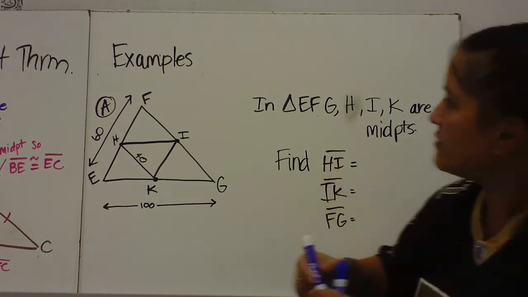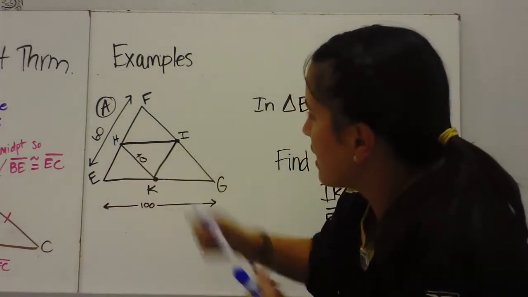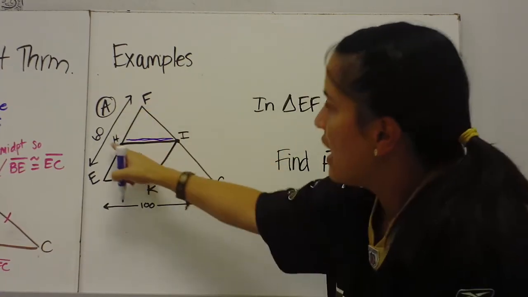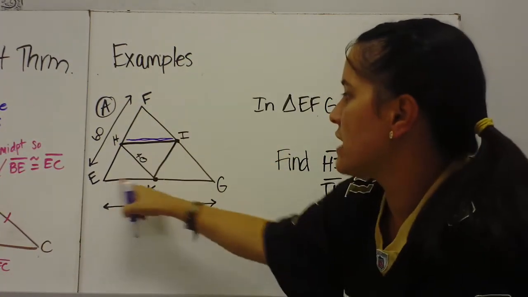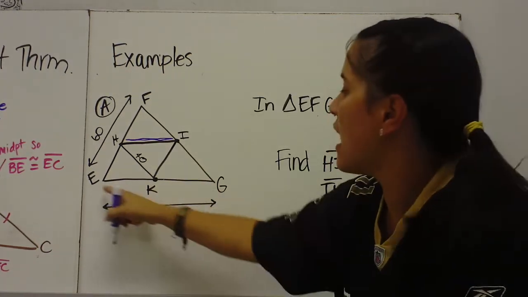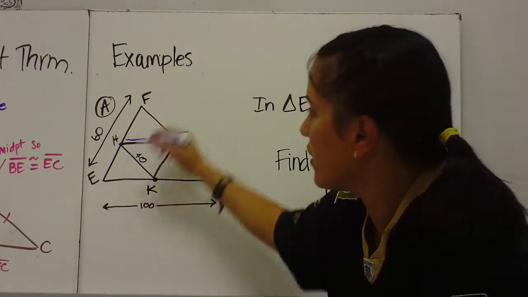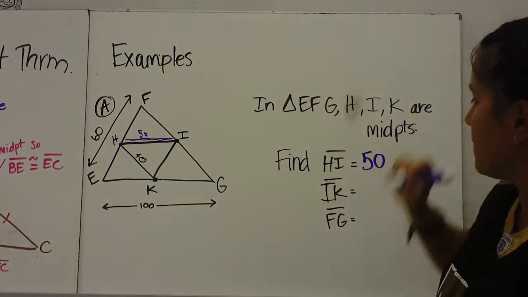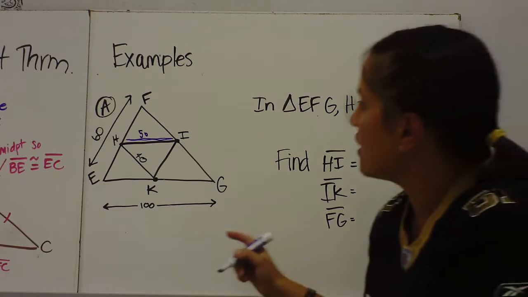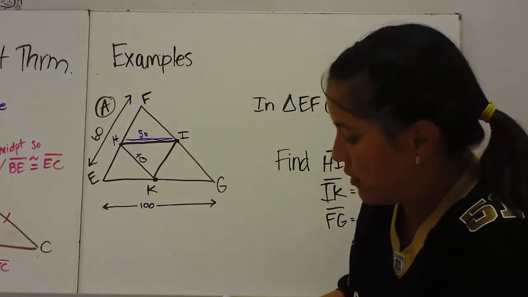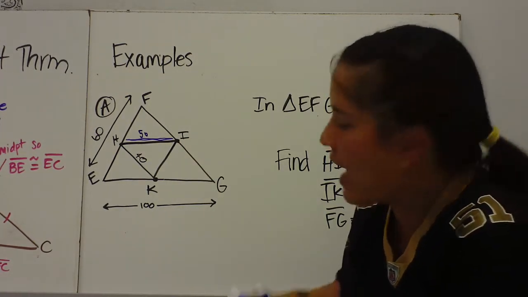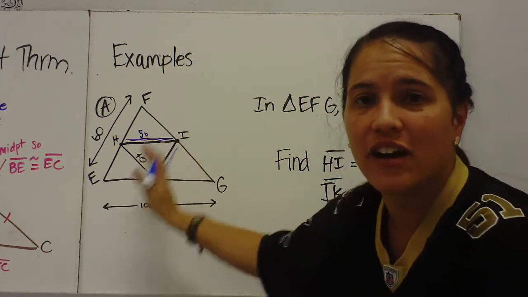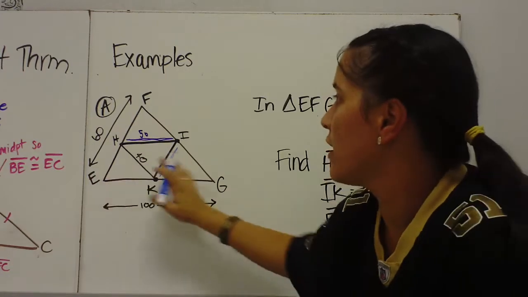So let's talk about HI. HI is right here, and it is a midsegment, so it's half of this line. If this is 100, half of it would be 50. So HI is 50. Now we're looking for IK. IK is half of the segment that's parallel with EF.